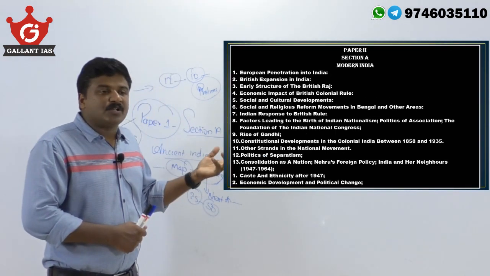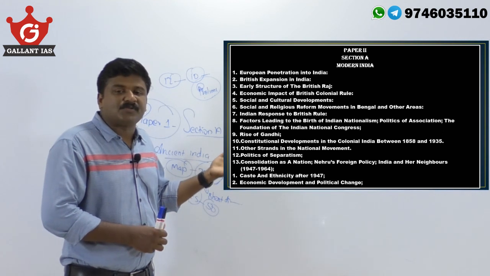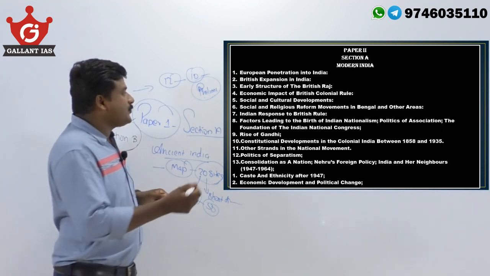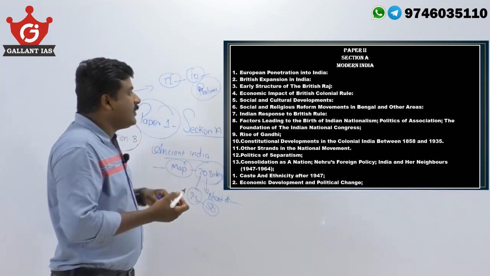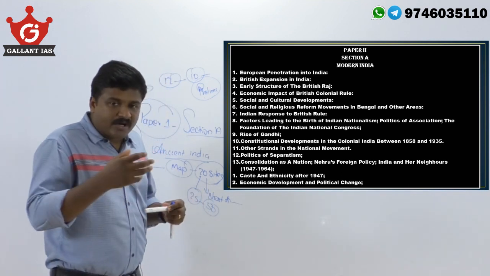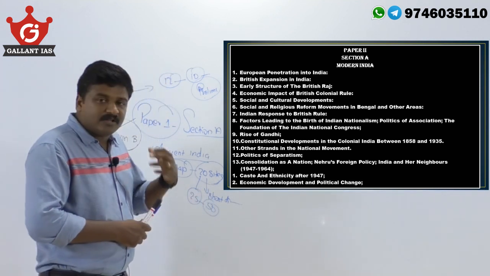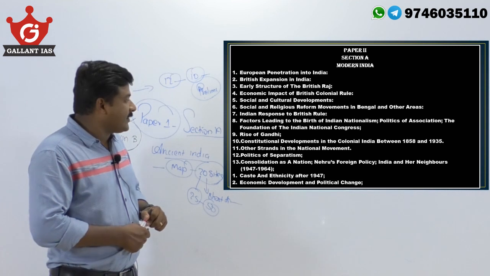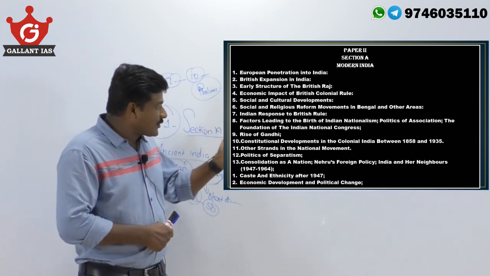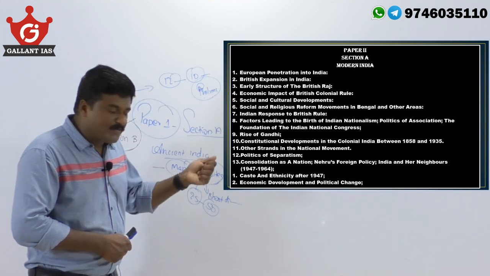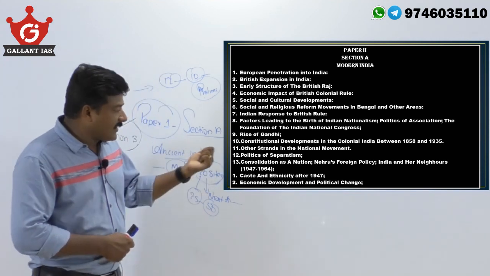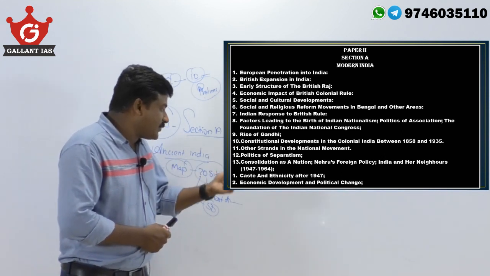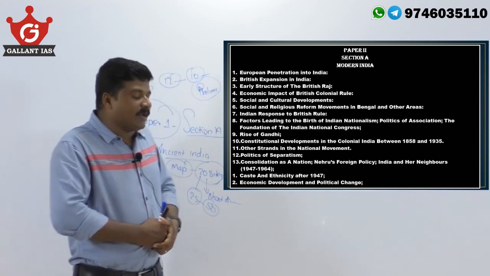Modern India is exactly synchronizing with your GS syllabus and your prelims syllabus. Okay, European penetration into India, British expansion in India, early structure of the British Raj, which is colonialism, economic impact of British colonial rule, its implications, early structure, the rule, their administration, socio-cultural developments, socio-religious reform movements in Bengal and other areas, Indian response to British rule, factors leading to birth of Indian nationalism, rise of Gandhi, constitutional developments, then other strands in the national movement, politics of separatism, consolidation as a nation, caste and ethnicity after 1947, economic development and political change.